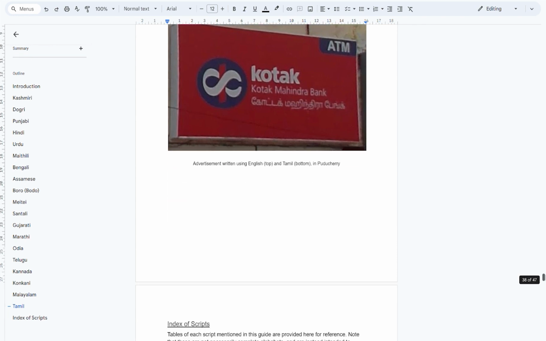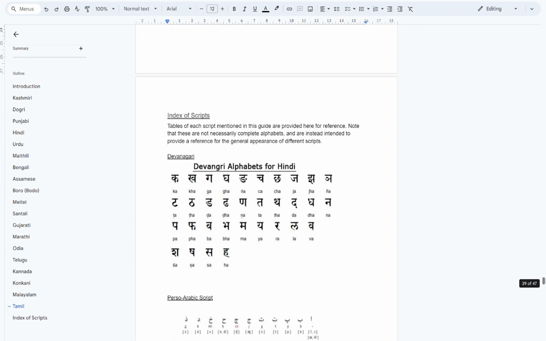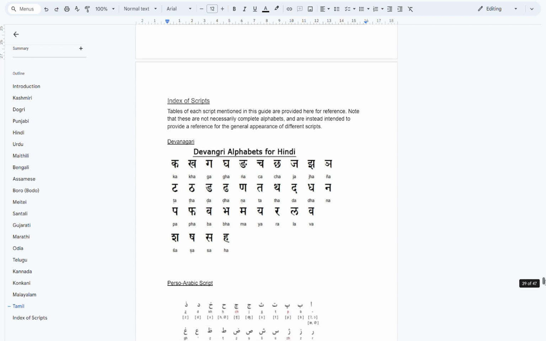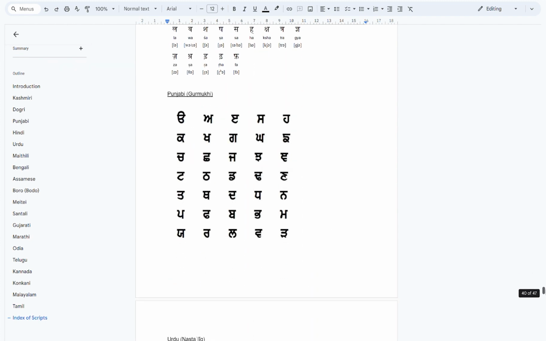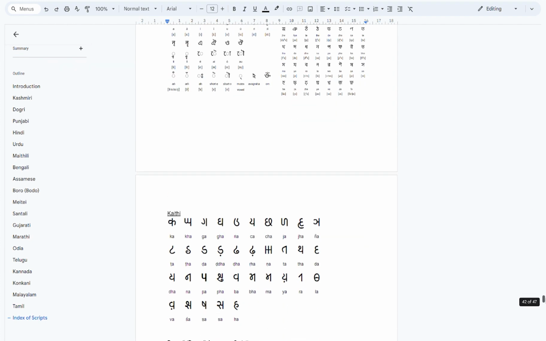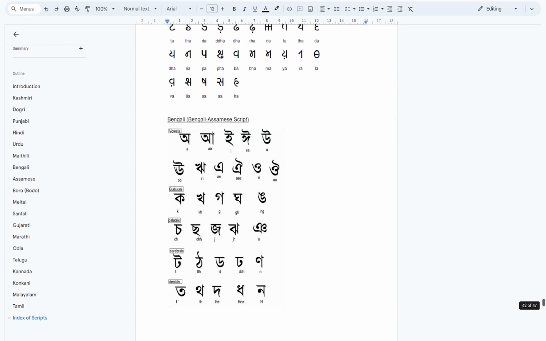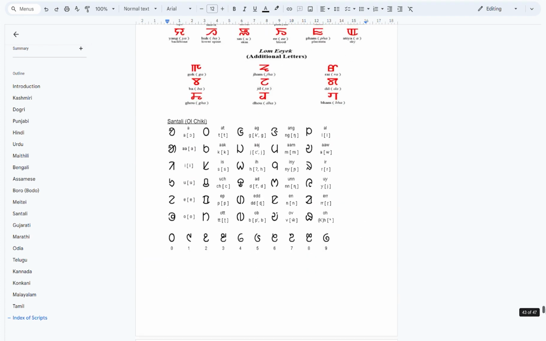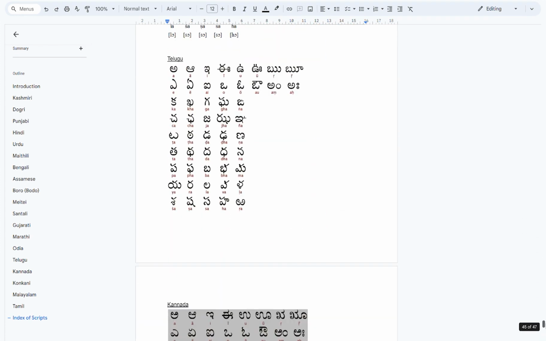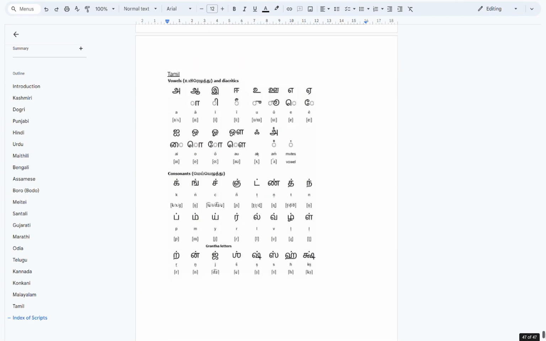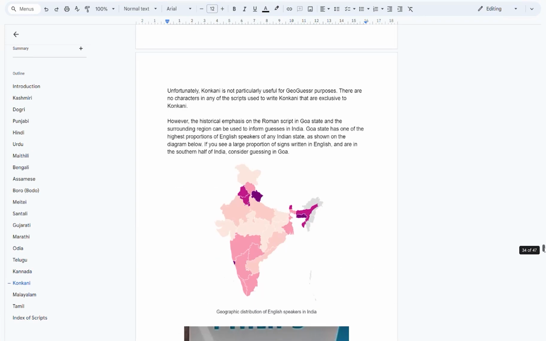So, with that said, at the end of the guide, if you want some more practice and want a reference for distinguishing between scripts, I've got an index of scripts at the end of this guide, where I have an example of the letters used in each of the different scripts that I mention in this document. So you can look at these for reference.